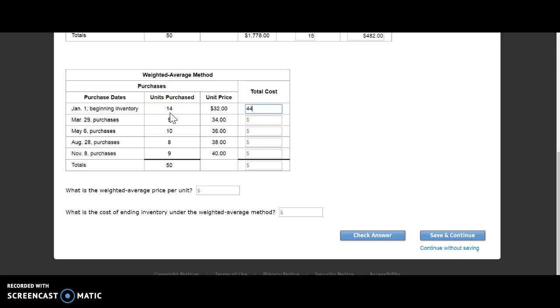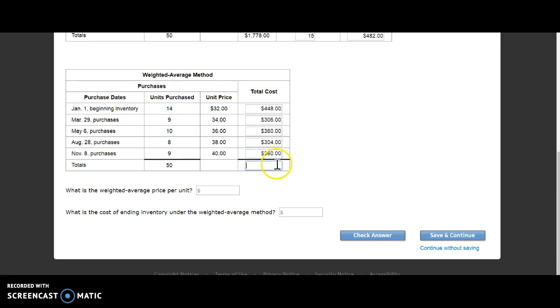That's going to give us 448. 9 times 34 is 306. 10 times 36 is 360. 8 times 38 is 304. 9 times 40 is 360.